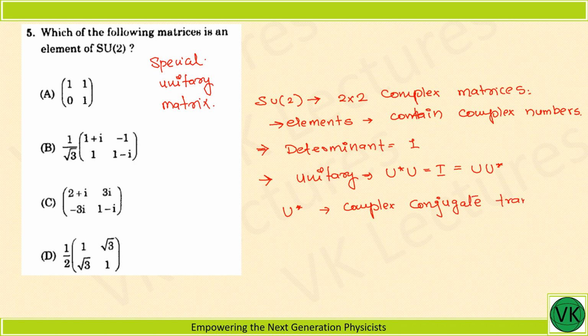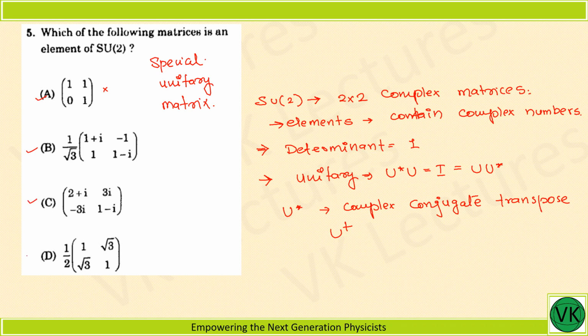This is also denoted by U dagger. Now option A does not contain complex numbers, so this is removed.